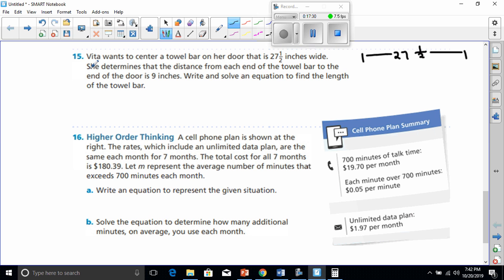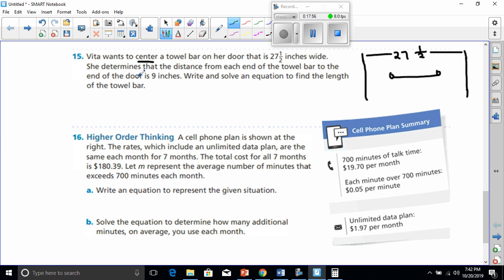And this says she determines that the distance from each end of the towel bar to the end of the door is 9 inches. So that means if this was the door and the towel bar is hanging in the center, and we'll just make the towel bar right here.